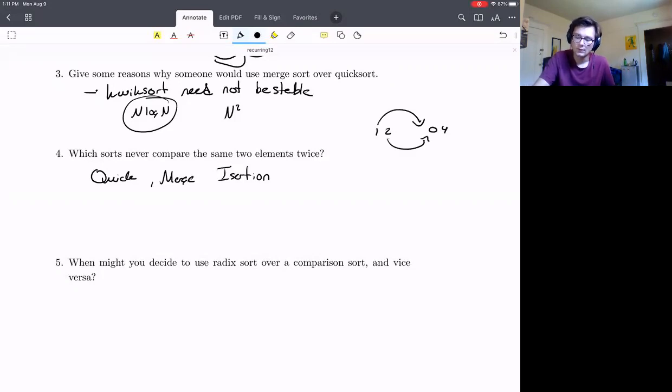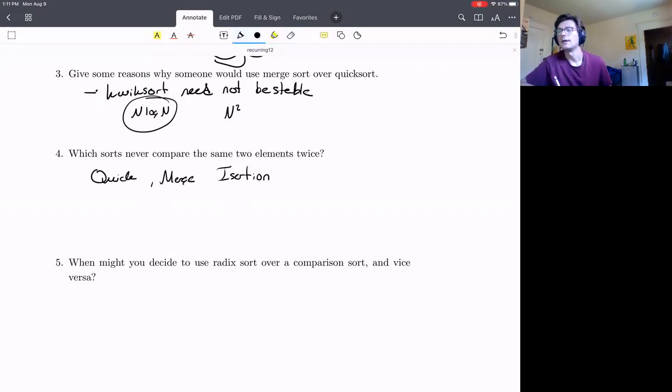We compared 1 to 0, and then we compared 4 to 1, and then 4 to 2, et cetera, et cetera. Well, after that merge, this is going to be sorted. So we're going to have 1, 2, 4, and we're never going to need to compare elements within the same subarray to each other again, right? We're always going to be comparing them to a different subarray of size 4 somewhere else. So we're never going to compare elements of the same subarray to each other.